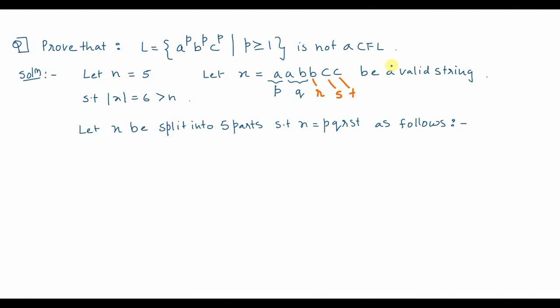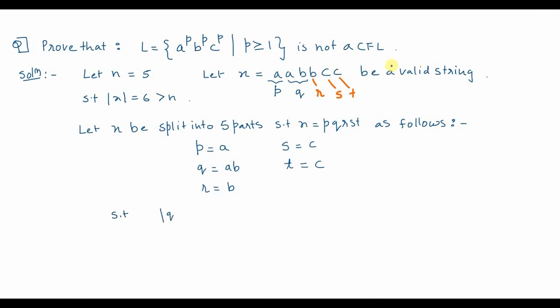I am randomly doing it, but while doing it, we also have to see that the conditions are satisfied. So P is single A, Q is say AB, R is single B, S is single C, and T is single C, such that, what is the first criterion?